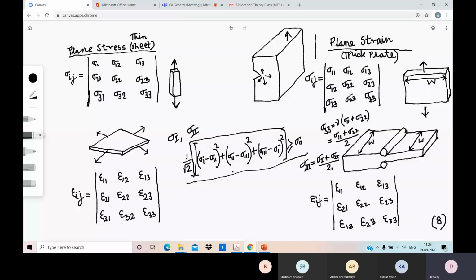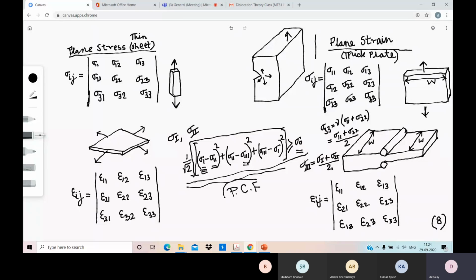So simply in the von Mises criteria, if you introduce high positive values of sigma 2 and sigma 3, you will find sigma 1 has to be much higher than the yield strength to cause plastic deformation for the von Mises criteria to be satisfied. And that aspect is called plastic constraint factor, PCF.